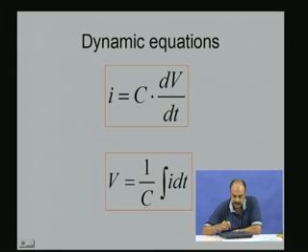And in the case of the capacitance, the voltage cannot change suddenly, it can only change smoothly or continuously. There cannot be a discontinuous change in voltage because of this fundamental integral equation. The V here on the left hand side cannot have a step change.